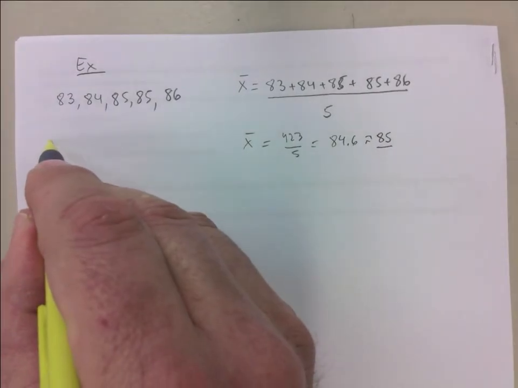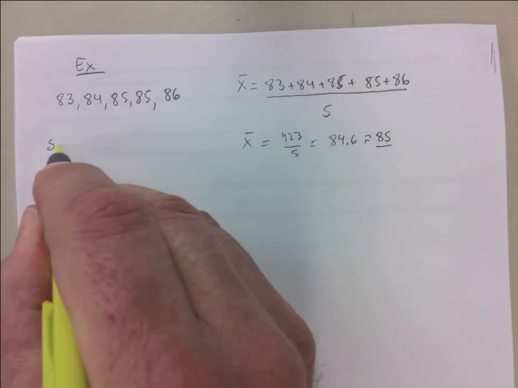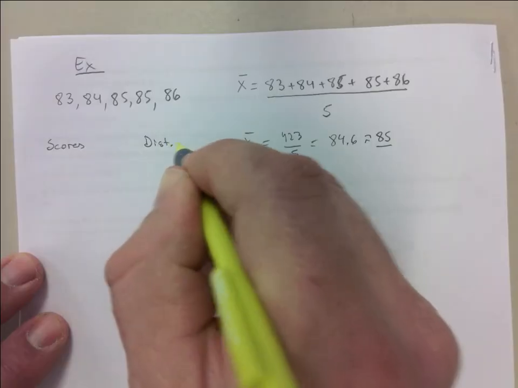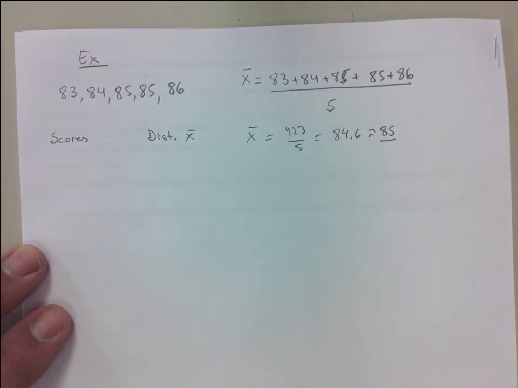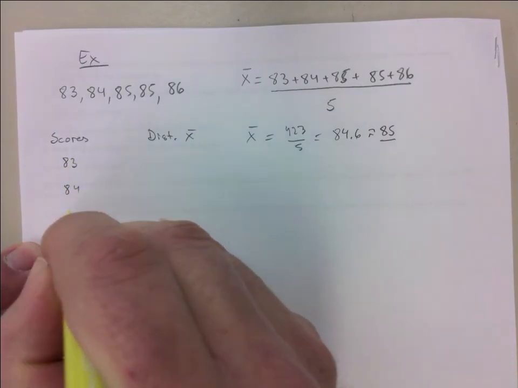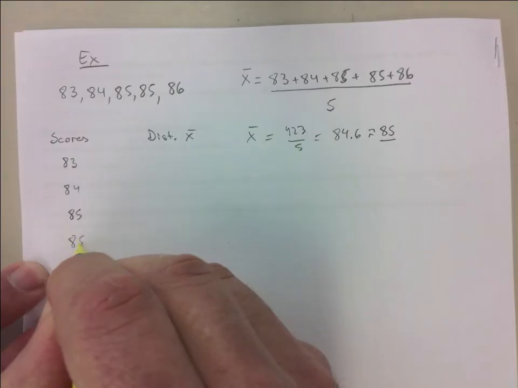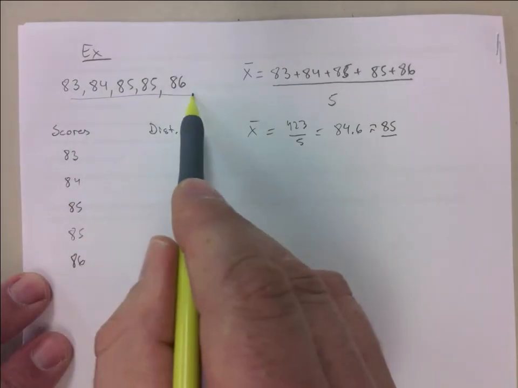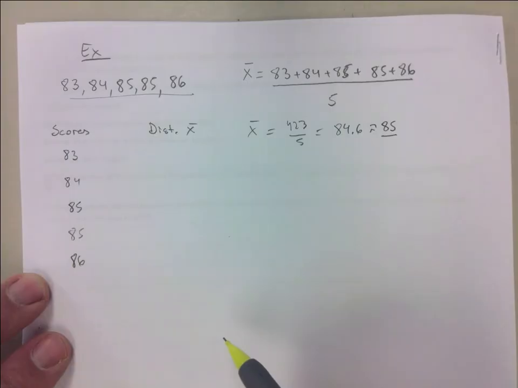Let's write down the scores and the distance from the mean. So we've got 83, 84, 85, 85, 86. I'm copying these scores down in this table here.